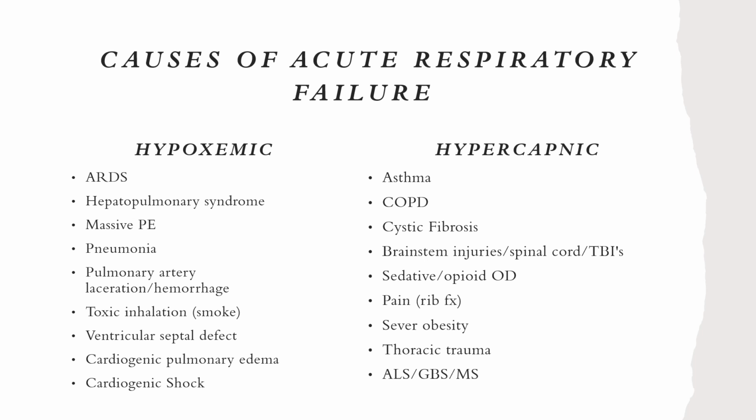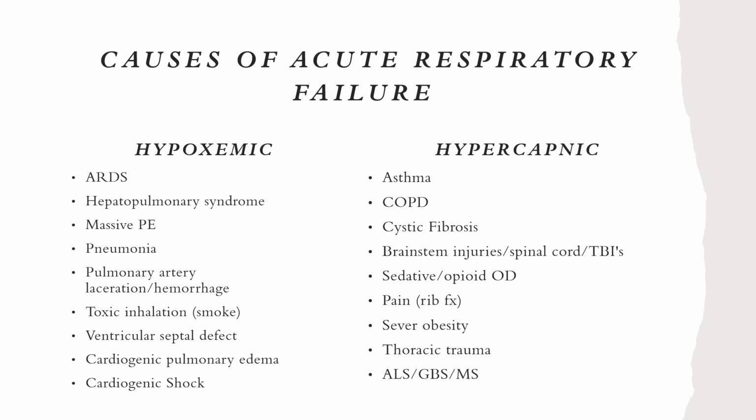Hepatopulmonary syndrome, massive PEs can most certainly cause hypoxemic respiratory failure. Pneumonia, pulmonary artery lacerations, and also hemorrhaging. Toxic inhalation, smoke. We talked a lot about that with burns. Ventricular septal defects, and that would be more of an anatomical issue. Cardiogenic pulmonary edema, and then cardiogenic shock.